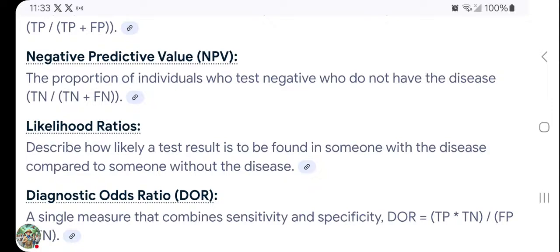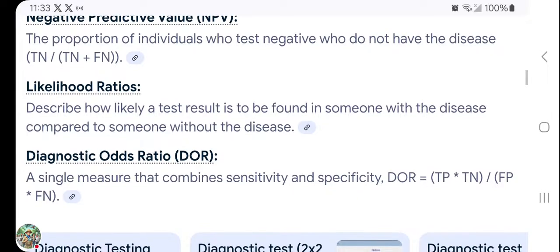Now talk about likelihood ratios. They describe how likely the test result is to be found in someone with the disease compared to someone without the disease. Then the diagnostic odds ratio, DOR, is a single measure that combines sensitivity and specificity.